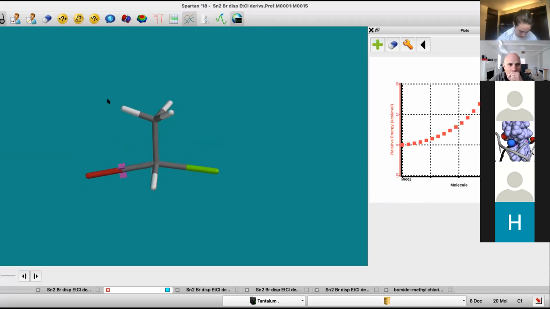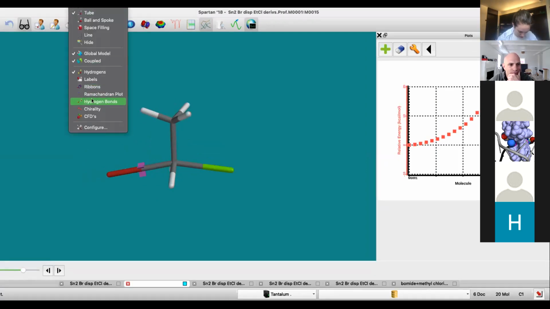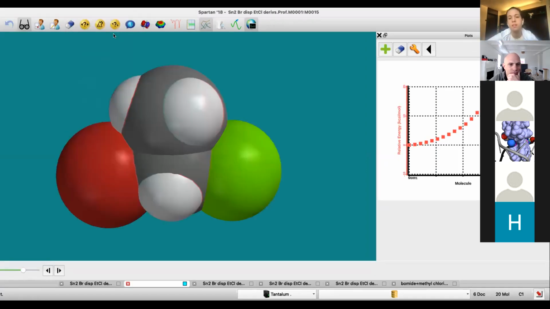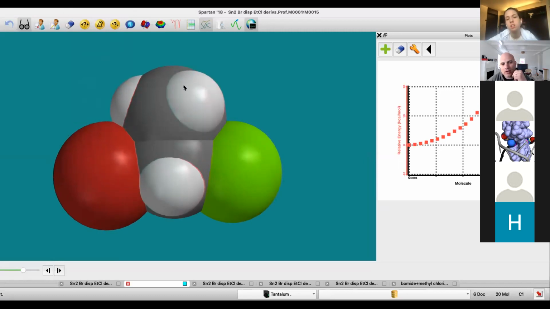Okay, and if we go to our space fill, all right, what do you see? So this carbon is our reacting carbon. Here's our leaving group.